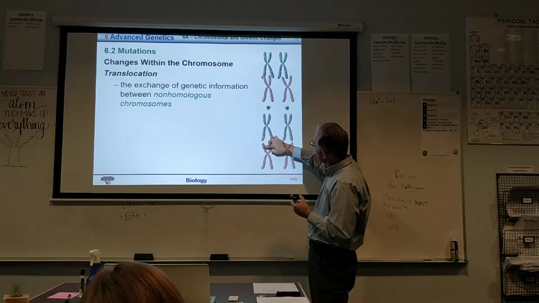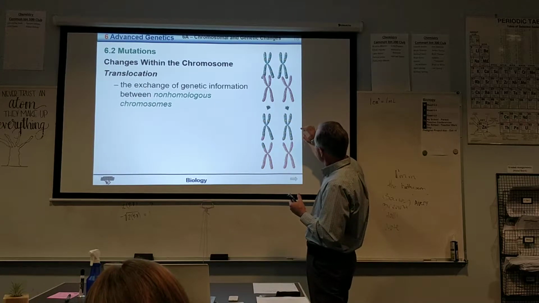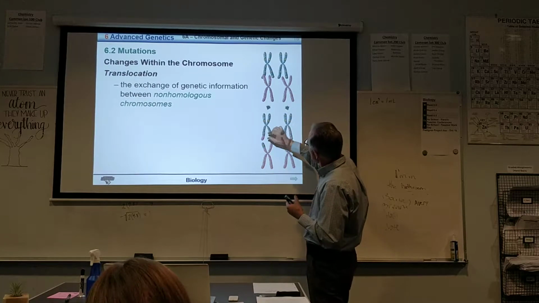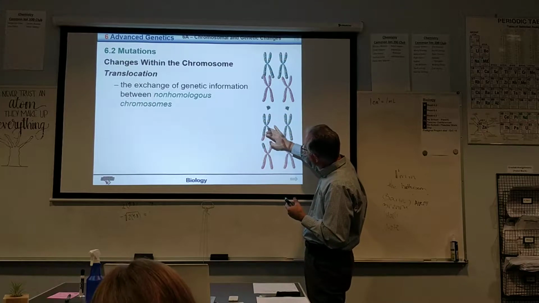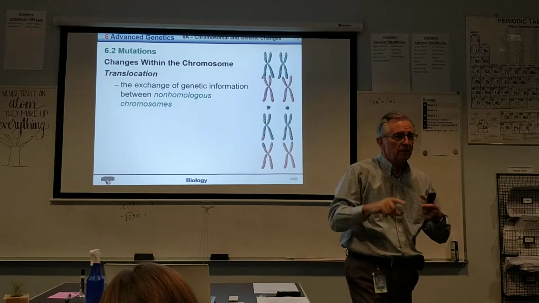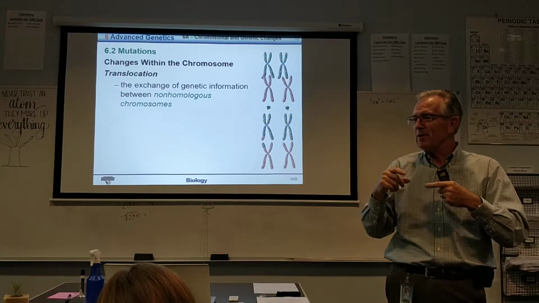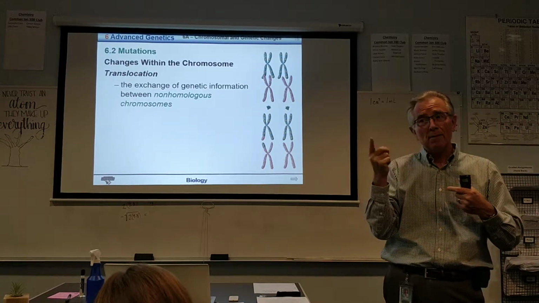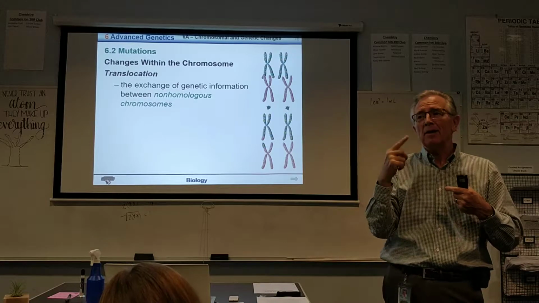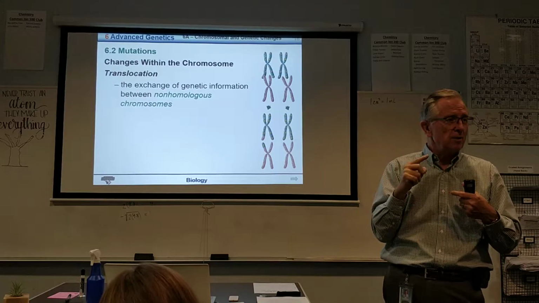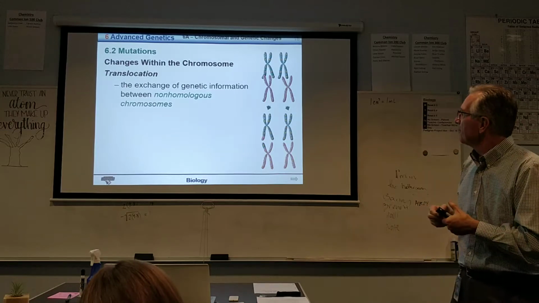So this one has the green end, and this one has, notice that this one's at the top and now this one's at the bottom. Because one was at the bottom of one chromosome, one was at the top of the other chromosome, so one has a different top than it originally had, the other one has a different bottom than it originally had.